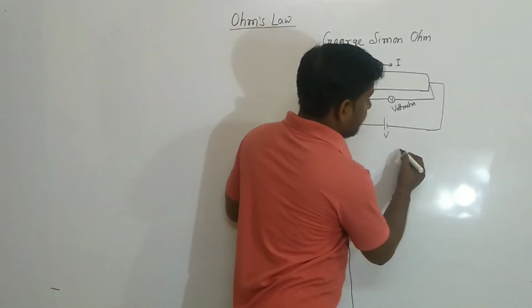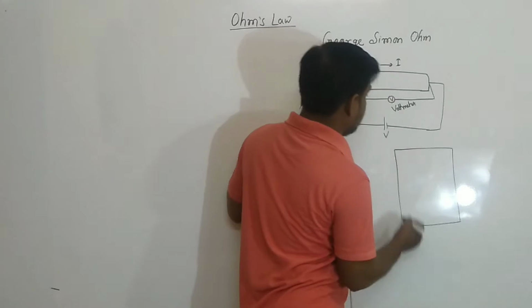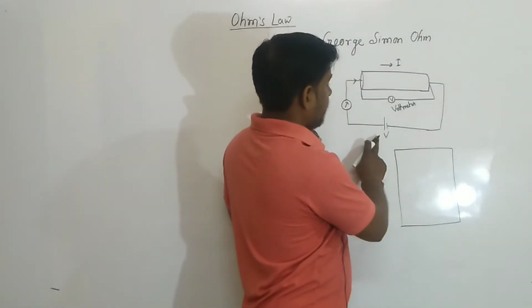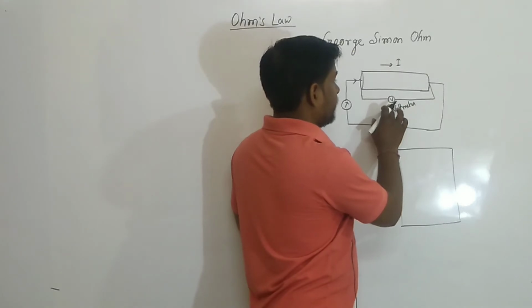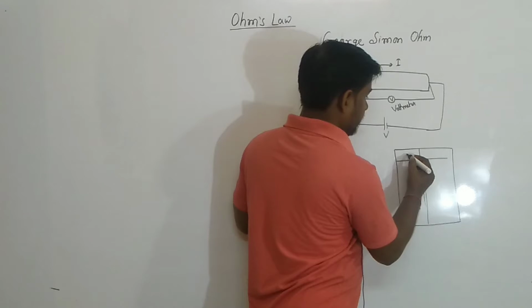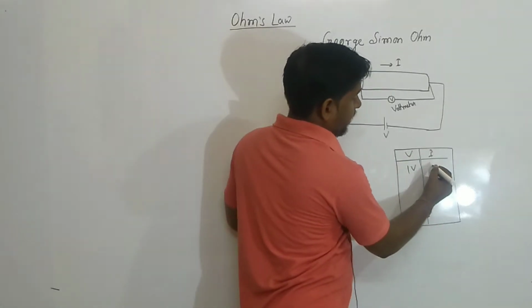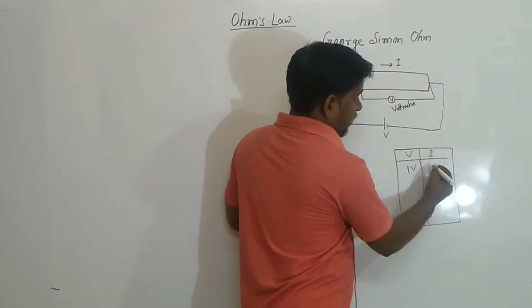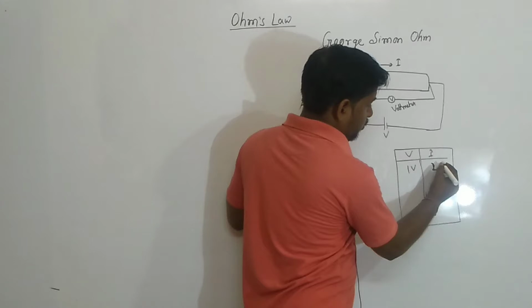And experimentally he found that, suppose initially a certain amount of voltage is applied, and the corresponding reading given by this voltmeter is 1 volt. Then the ammeter gives a reading of, suppose, 2 ampere.